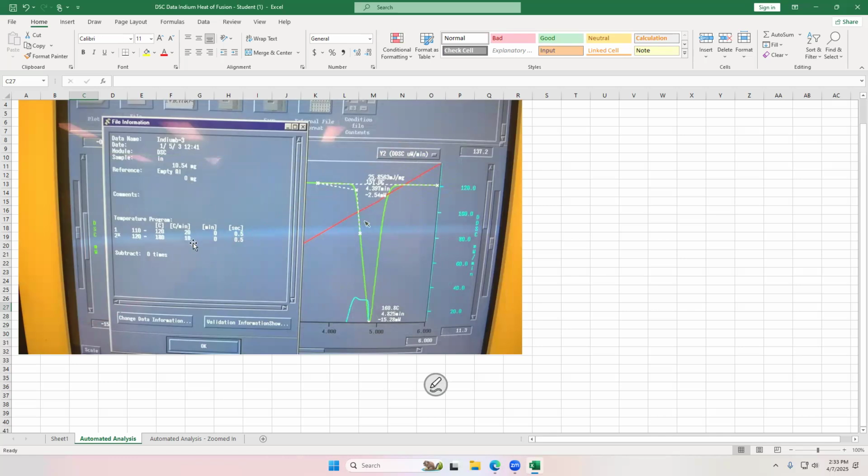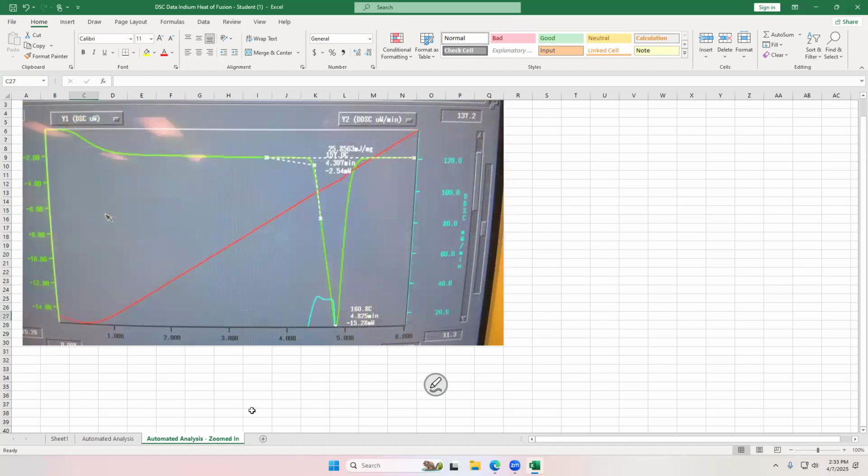And if you zoom in on the data right here, the green curve is the endotherm. So what does it say? The onset of the endotherm right here is given as 157.0 degrees Celsius. And notice there's a baseline that is drawn underneath, that straight white dashed line.